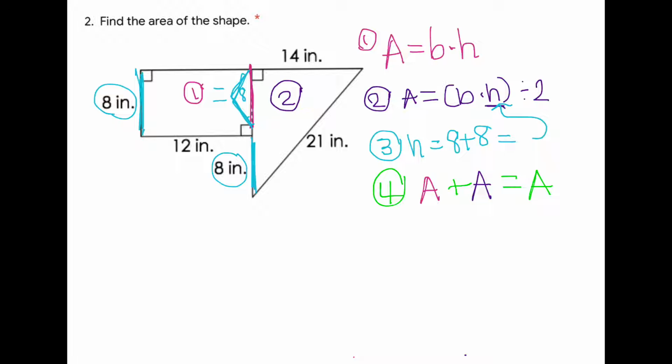If you notice, I color-coded. This one equals our rectangle. This one is our triangle. And this one then will be our total. That's why I did them in colors, so you could see.